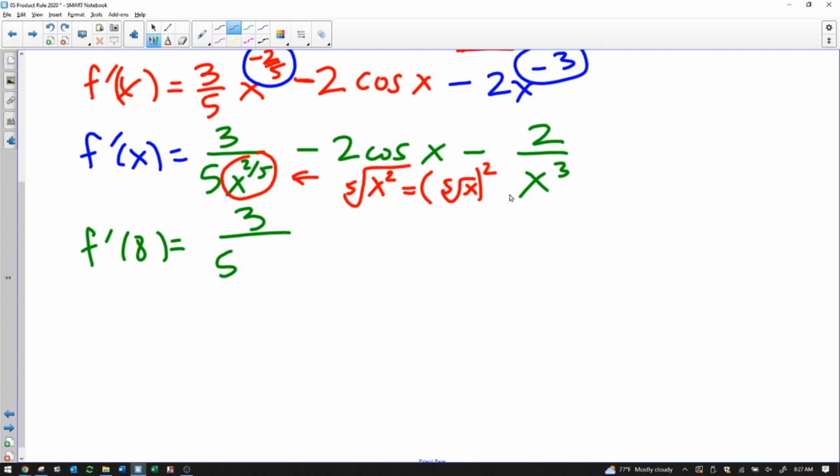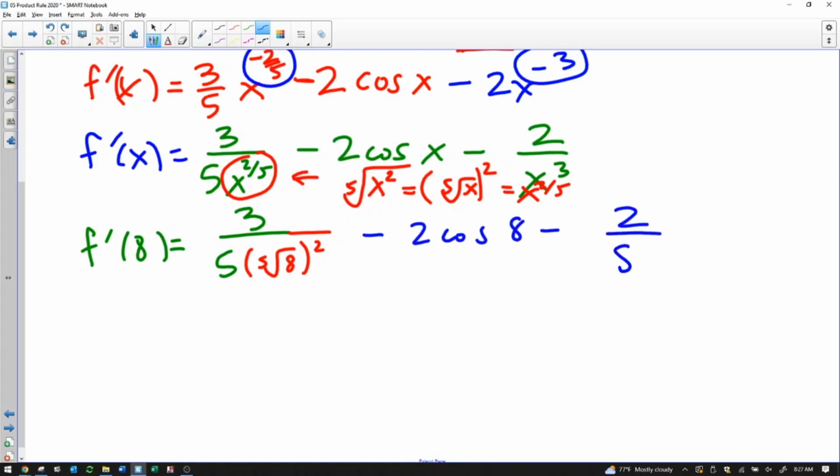But if you play around with this, you'll see that both of these are actually equal to x raised to the 2/5. Okay, so either one is fine. I'll just choose one. This is going to be the 5th root of 8 squared. I just chose this one, but it didn't matter which one I chose. Where the x is, it's actually 8. This is minus 2 cosine 8, and then finally 2 over 8 to the 3rd power.